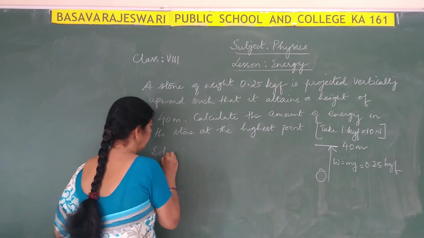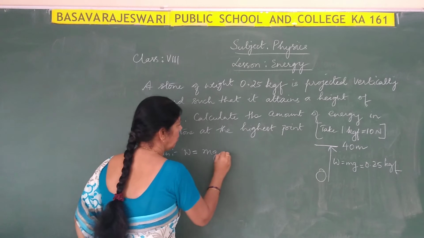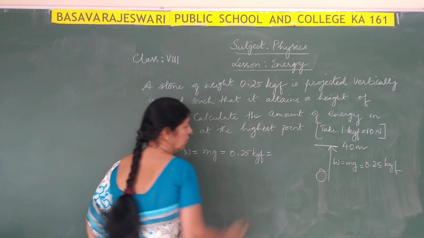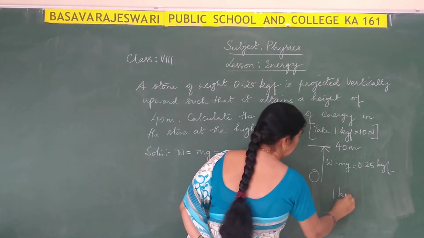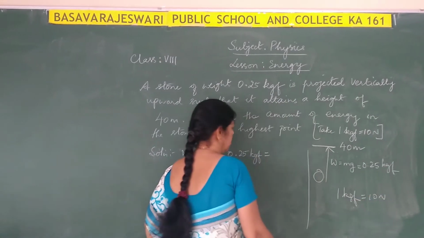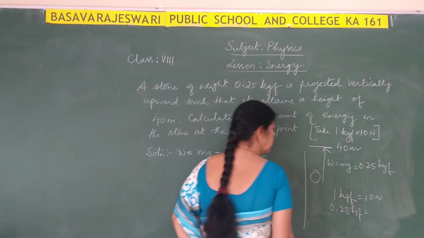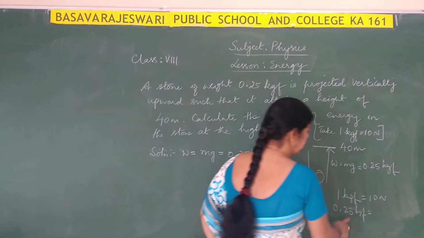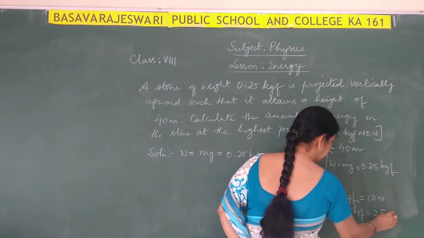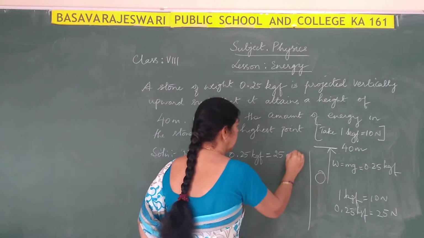Now, solution. What is the weight? Weight is mg, which is 0.25 kg. Now he has given 1 kg is equal to 10 Newton. So 0.25 kg will be equal to how much? 0.25 into 10.